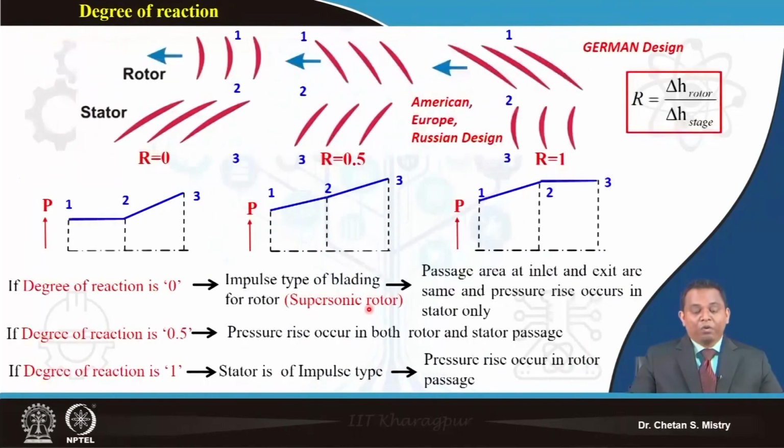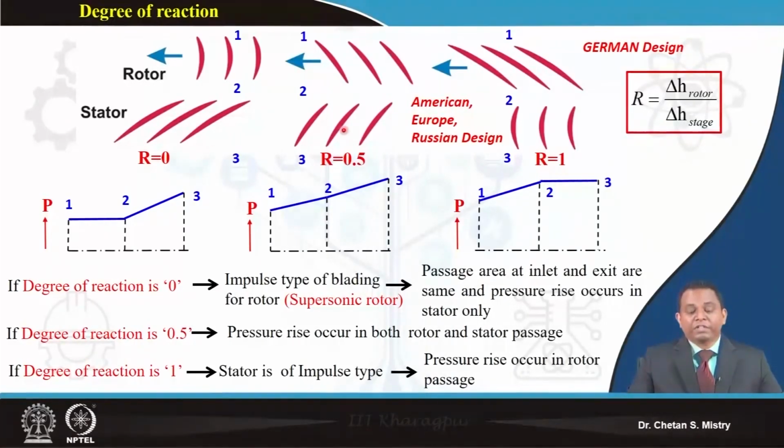Now let's move to this particular chart. This is a very good representation and understanding of what we mean by the degree of reaction. The very first one represents my rotor and stator combination, a stage for which my degree of reaction is 0.